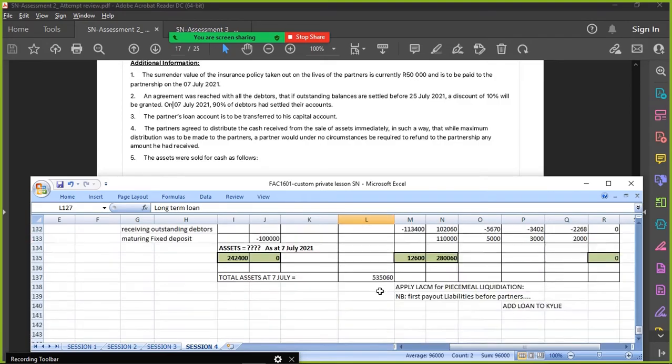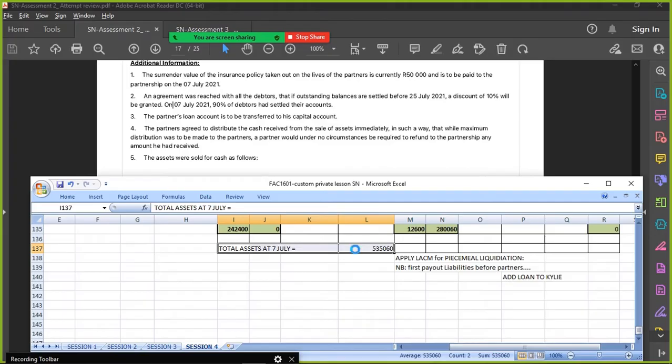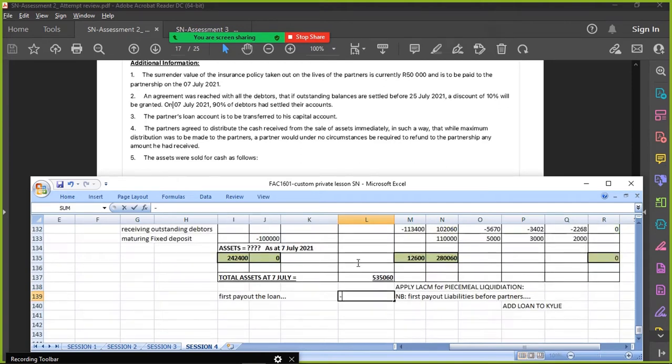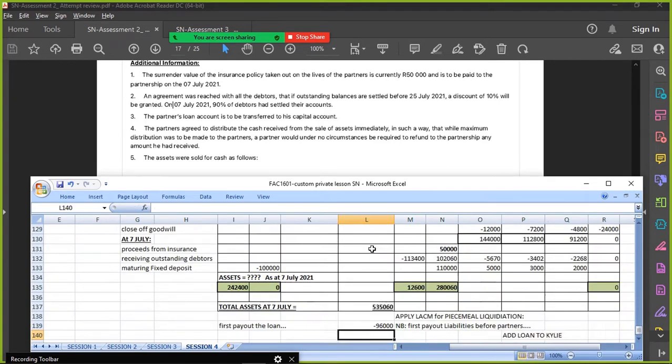So the only liability that I need to decrease is the long-term loan. That's 96,000. Because I have assets here, you're going to first pay out the liability, the loan. So you're going to subtract the loan. Hold on a second, wrong line.